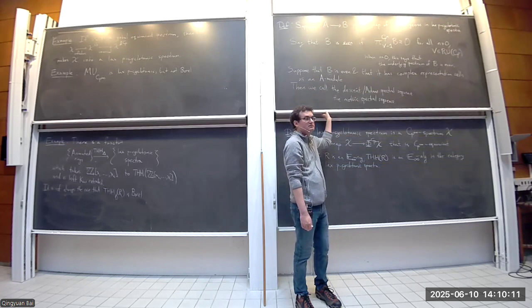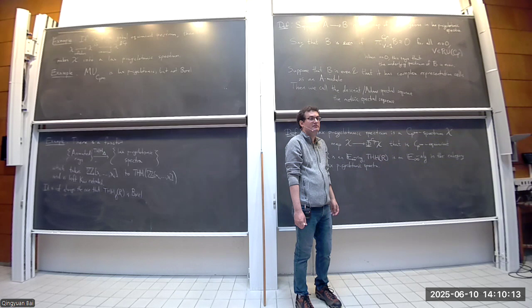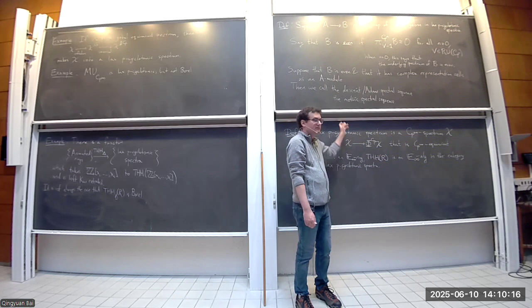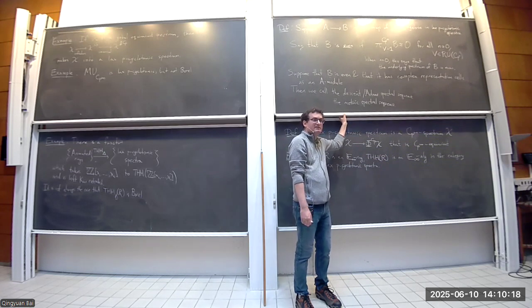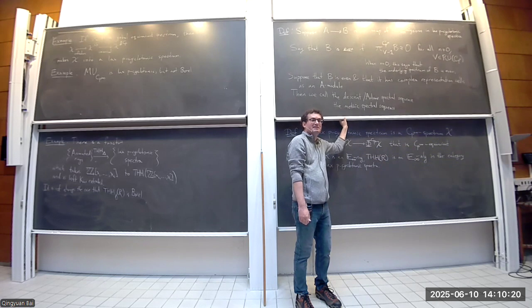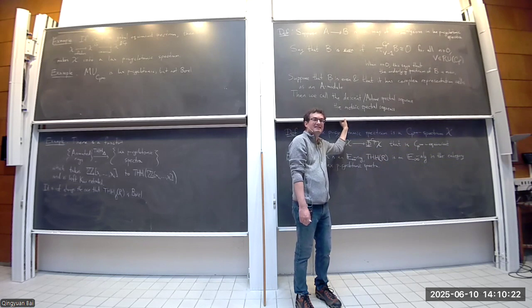Try to repeat once more why this is the correct generalization of evenness. Well, I guess you agree that it is a generalization of evenness. I guess so, yes. In particular, when n equals 0, you're recovering the previous definition, since complex representations of the trivial group are just even dimensional.